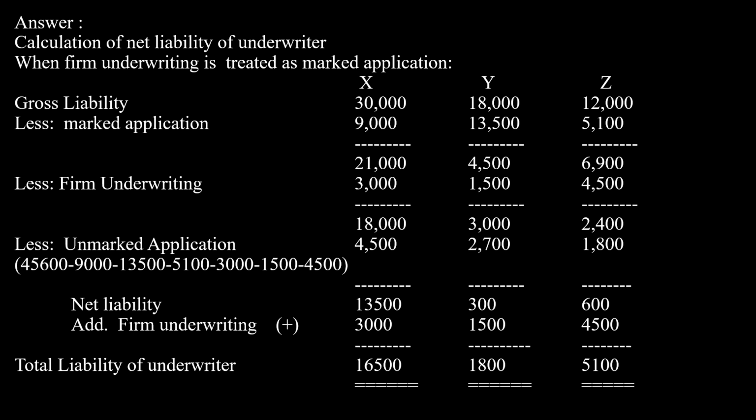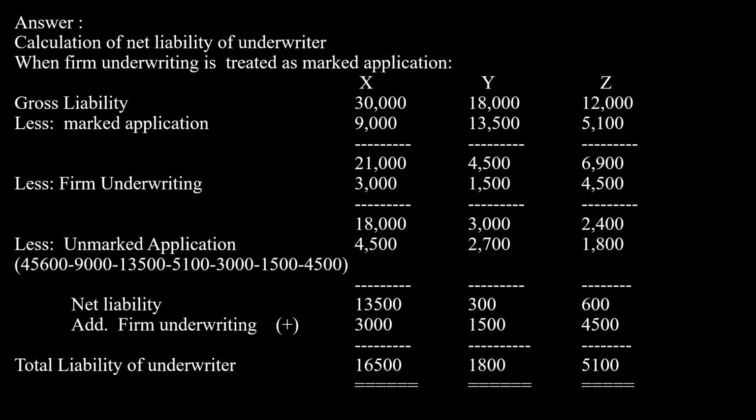This unmarked application will be shared among X, Y, and Z in the gross liability ratio. The unmarked application is 8,000 shares. This 8,000 will be allocated to X, Y, and Z in the ratio of 30 to 18 to 12. When you allocate that, we get 4,500 for X, 2,700 for Y, and 1,800 for Z.